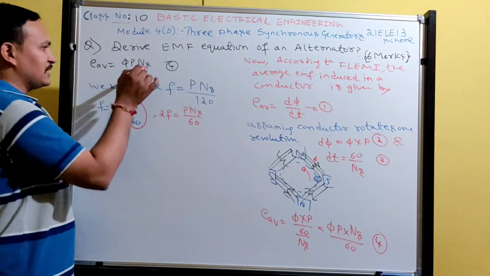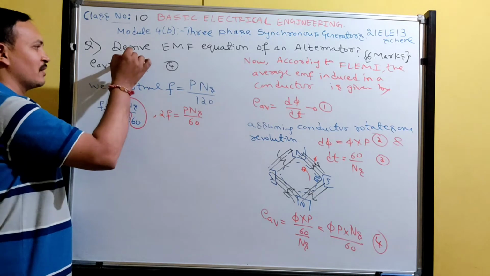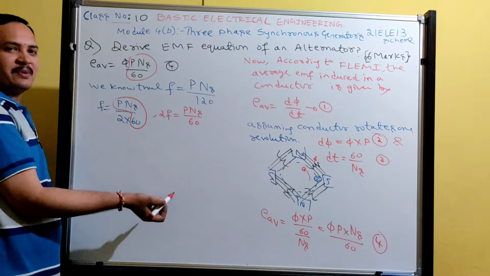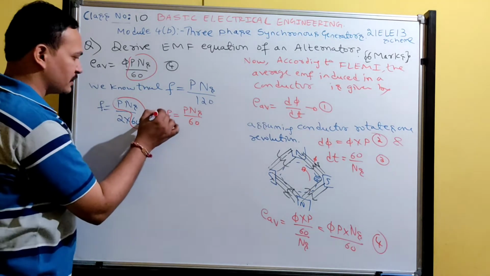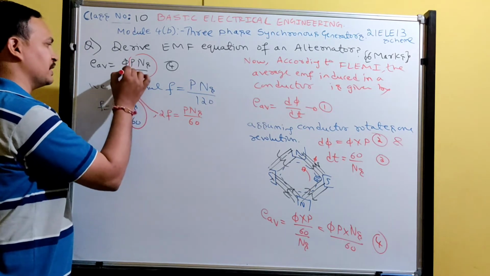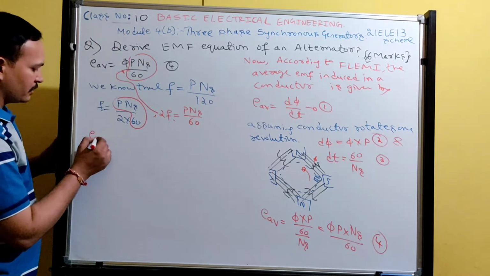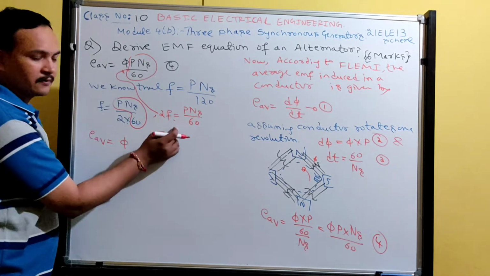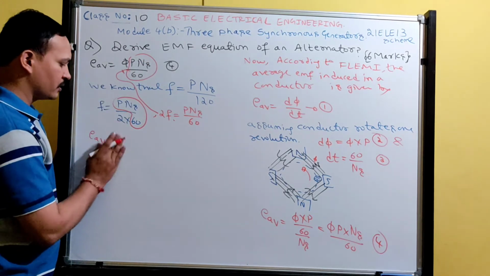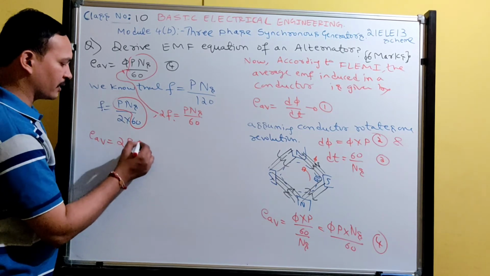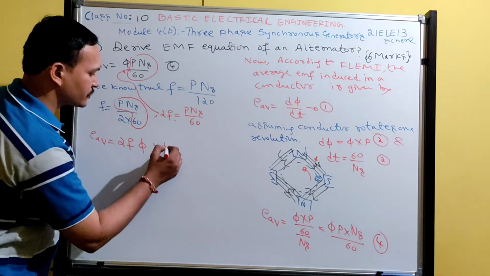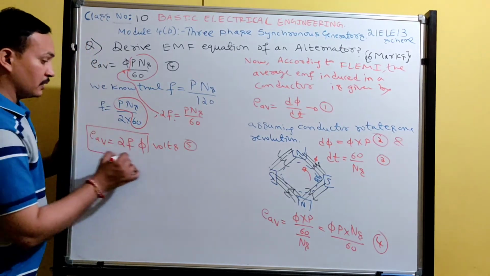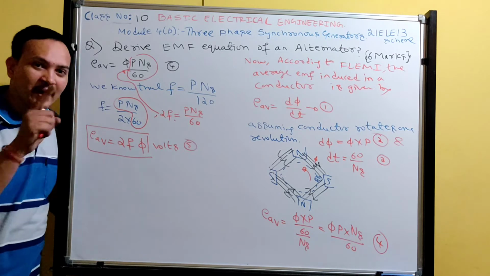Now in equation 4, what can I modify? P Ns by 60 I can replace by 2f. So we can write Φ, and P Ns by 60 is 2f. Very good. In proper order, we write 2 Φ f volts. Take this as equation number 5. This is the EMF induced in one conductor.